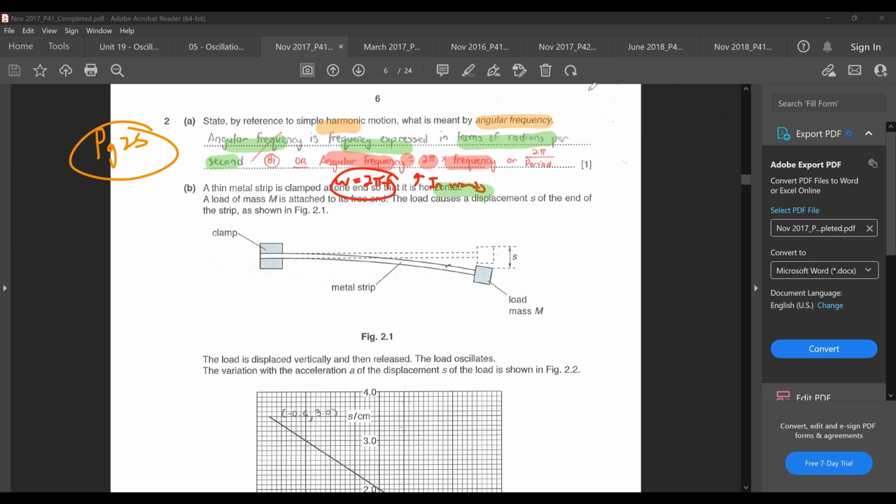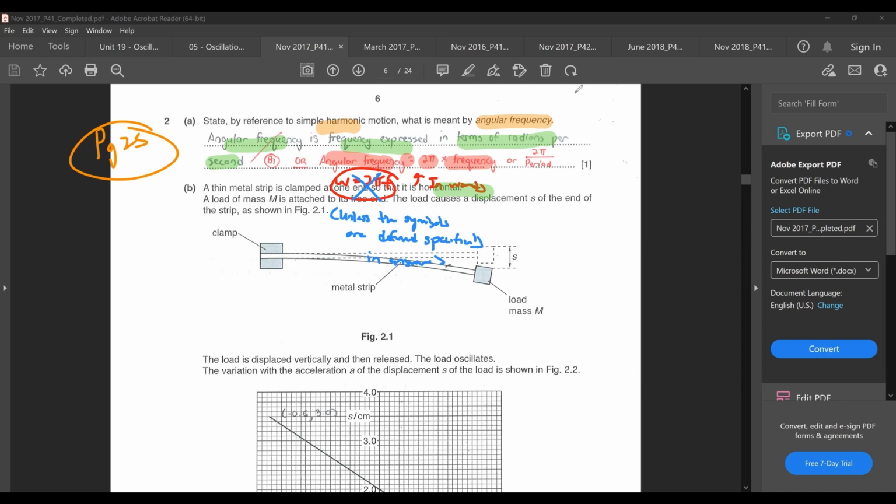Right? If you just write it in symbol form like this, omega equals 2 pi f, this one is not accepted unless the symbols are defined specifically in the answer. Okay.